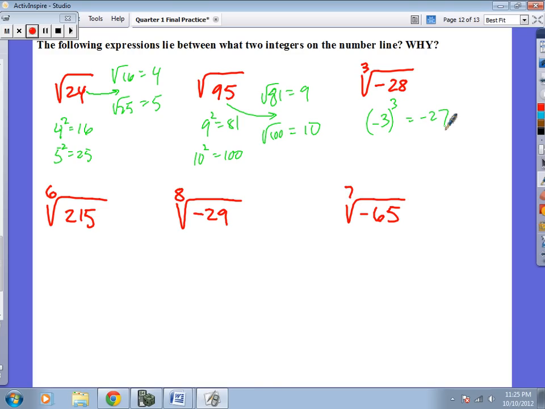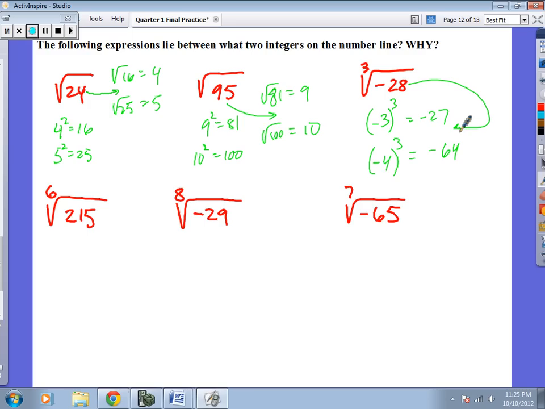So I'm just a little bit off. So the next choice is going to be a negative 4. Negative 4 cubed is a negative 64. So here we go. I know negative 28 is between 27 and 64. So my answer is between a negative 3 and a negative 4.